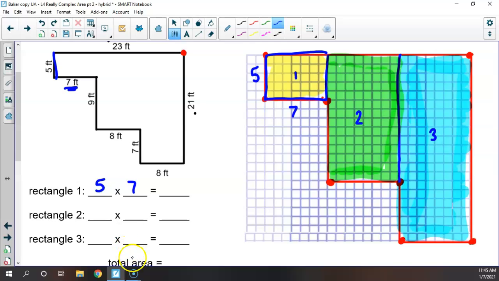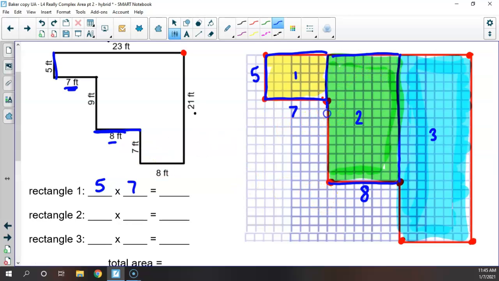The second rectangle, now this is part of a whole long side. So I'm going to look at the bottom. The bottom here is also recorded for me right here on this figure. It's 8 feet long. What I don't know is this long side of this second rectangle.